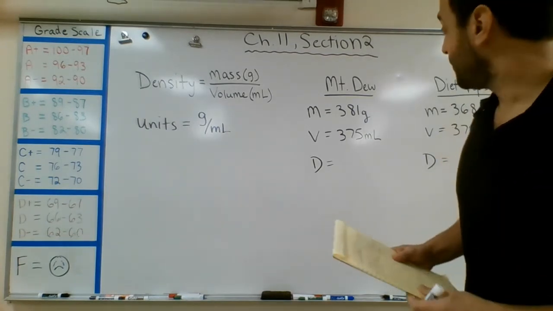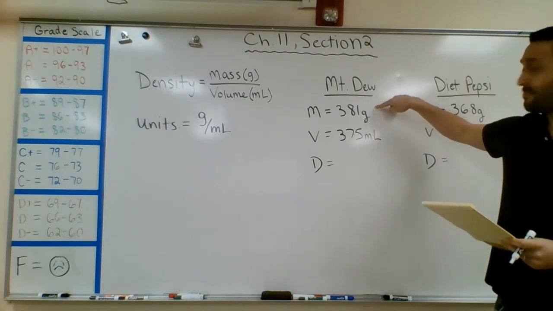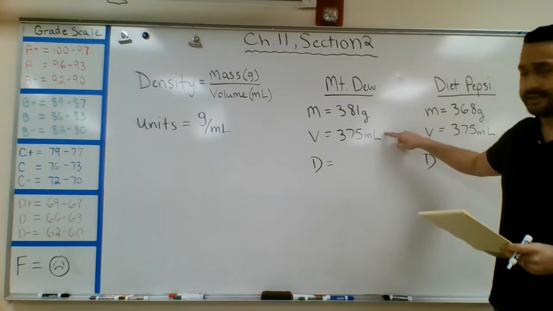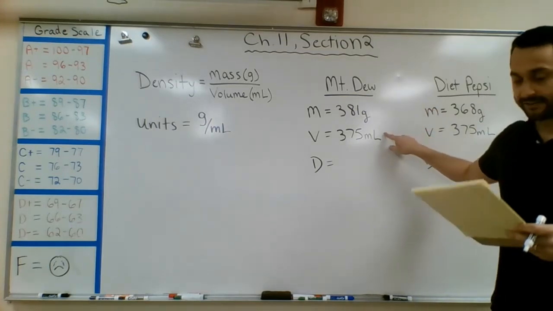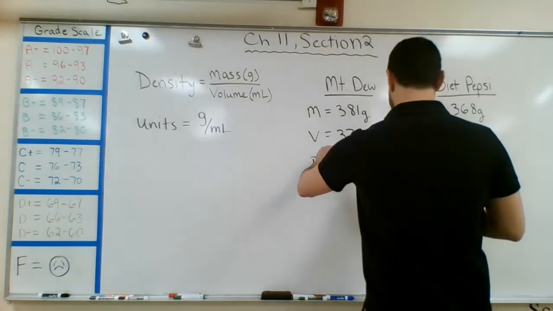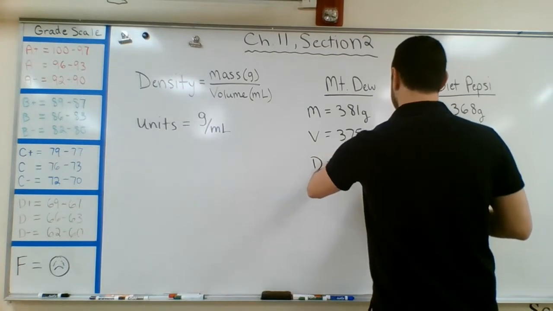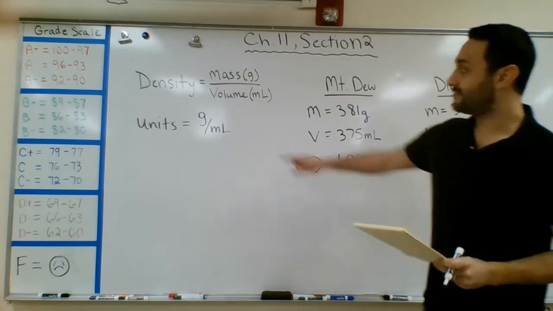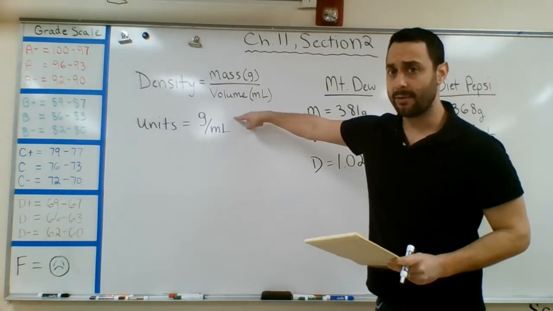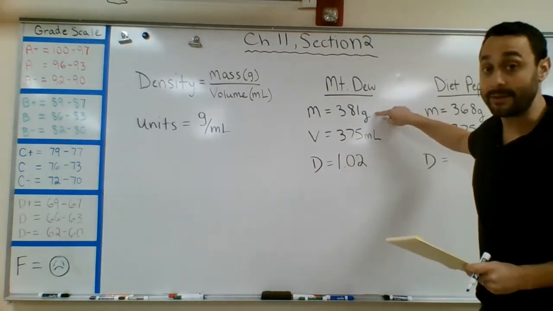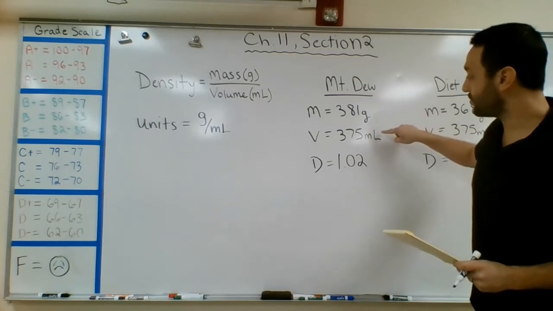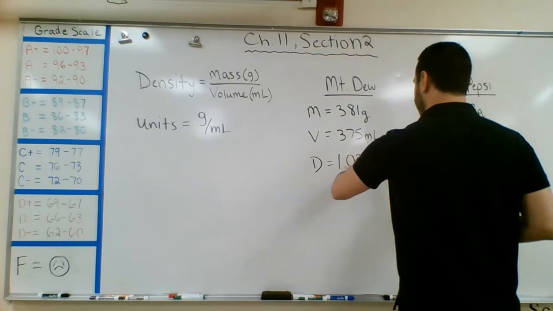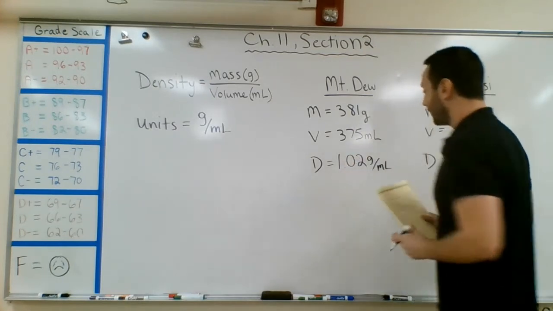So in the end, when you take the Mountain Dew can and its mass of 381 grams, divide by its volume of 375 milliliters, you come up with a density of 1.02. Remember, when we're talking about the units of density, because we're measuring mass in grams and volume in milliliters, my density is going to be in grams per milliliter.